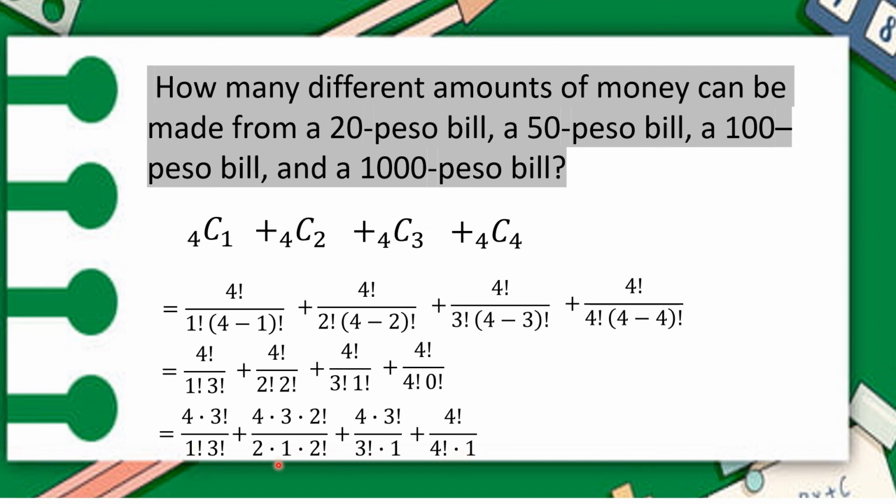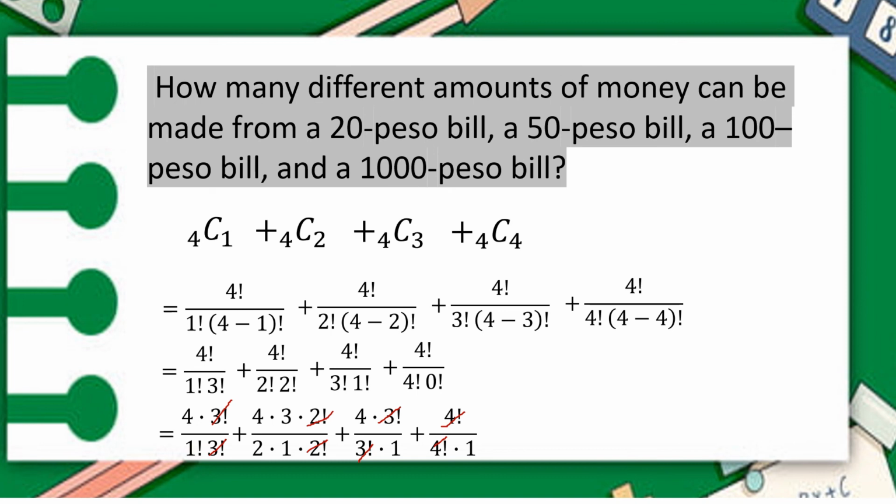Then, pwede na tayong mag-eliminate or mag-cancel. So, pwede na nating ma-cancel yung 3 factorial dito. Same dito sa 2 factorial. Pwede na rin ma-eliminate yan. Then, 3 factorial also here. Then, dito naman is yung 4 factorial.